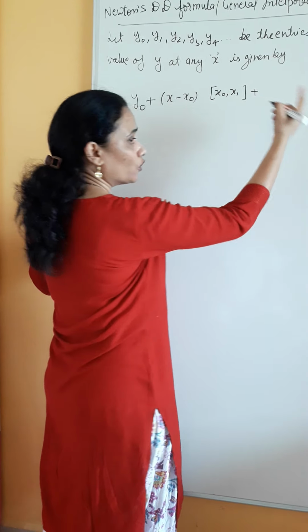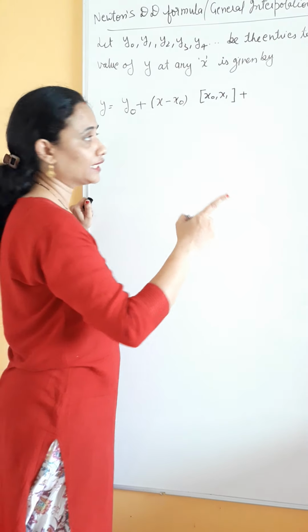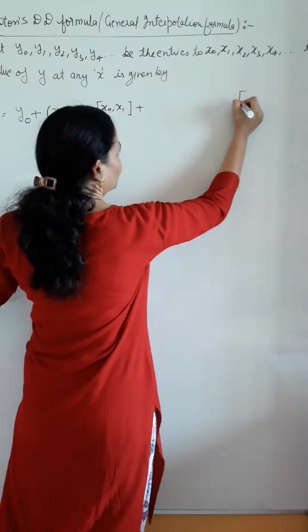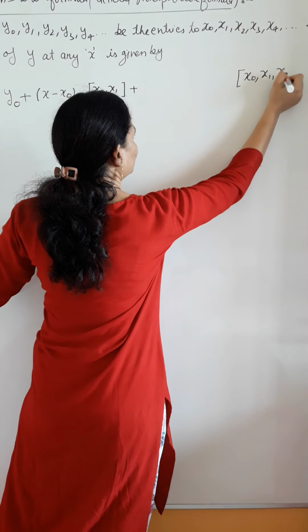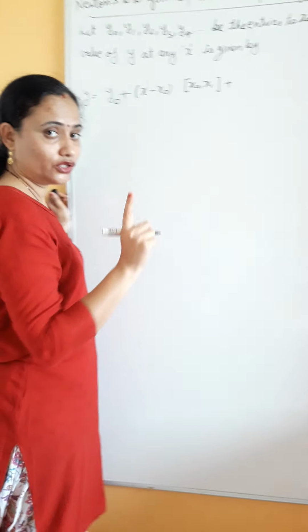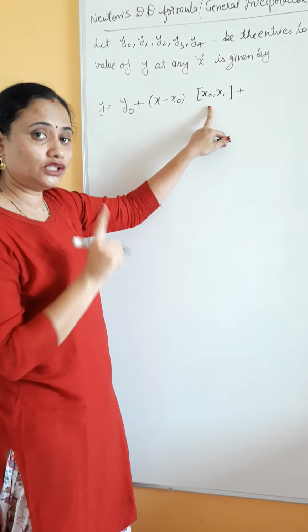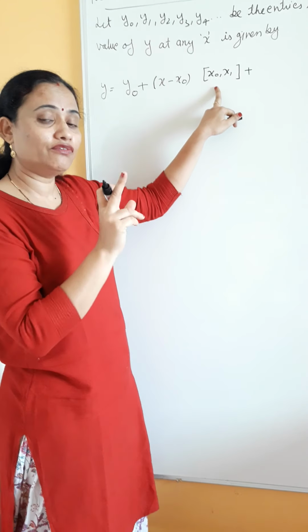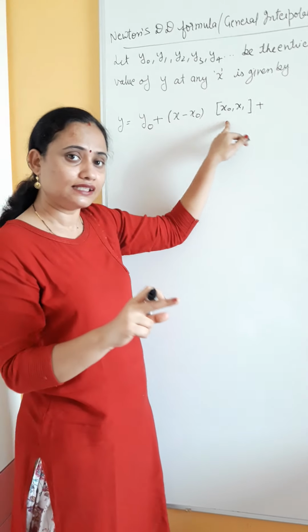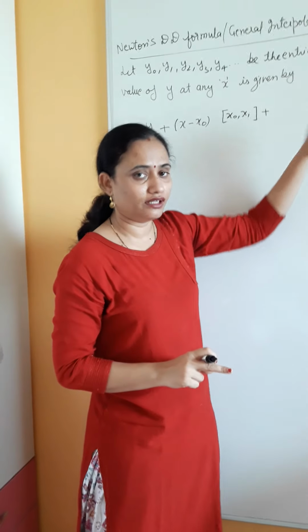Plus, then we go to the second column. Second divided difference, first value, x0, x1, x2. Here you remember that we are using only the first value in each column. We are not going in, like we were using leading differences. Here also we are taking the leading divided differences.